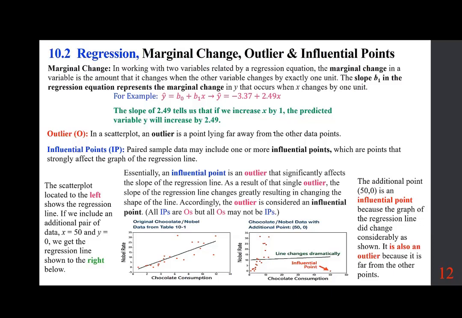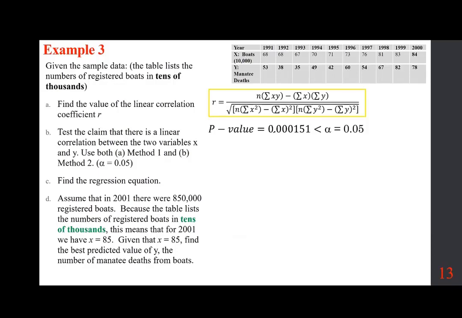And it really depends how bad of an outlier it is. I hope everybody understands the difference between the two. So I'm going to repeat one more time. Basically, an influential point is an outlier which is really heavily affecting the graph. If an outlier doesn't do that, it may not influence it that much. Most outliers do.